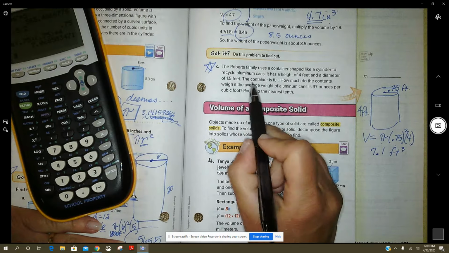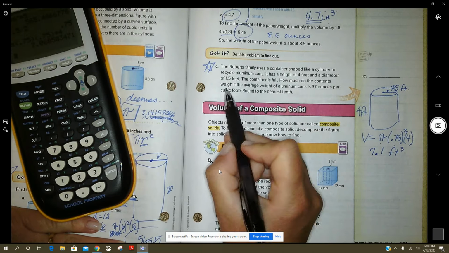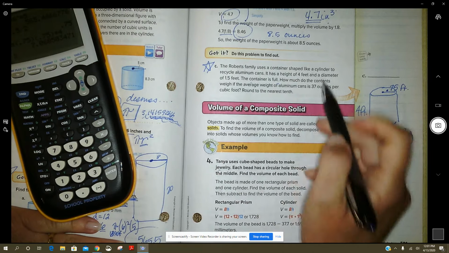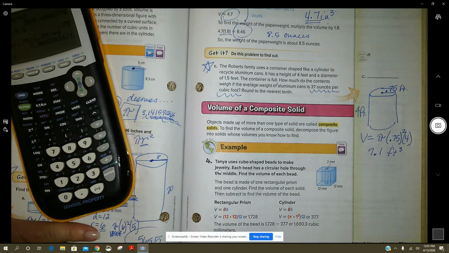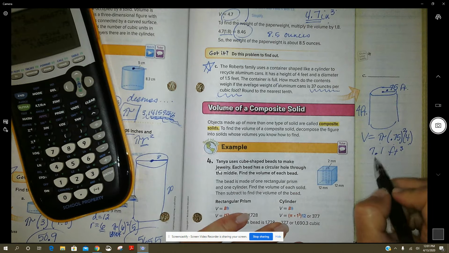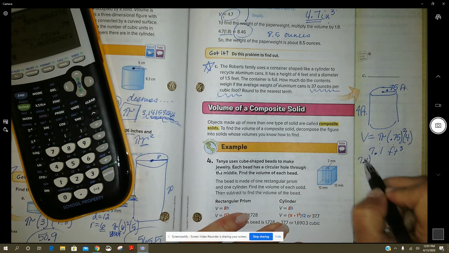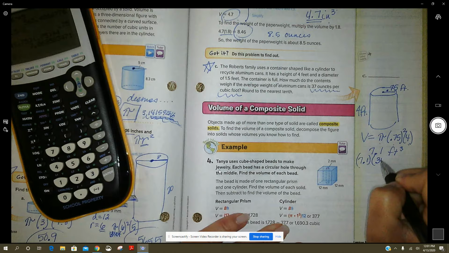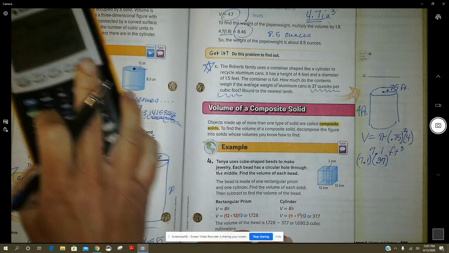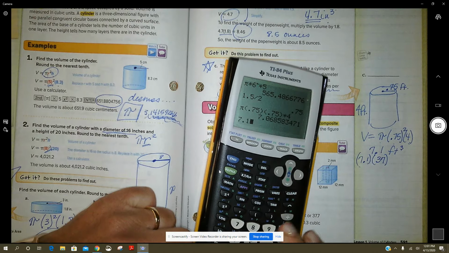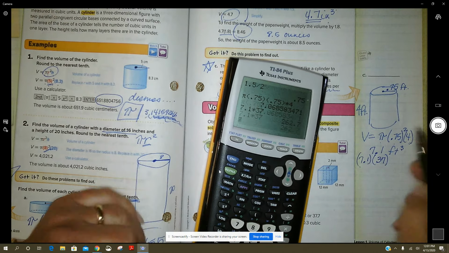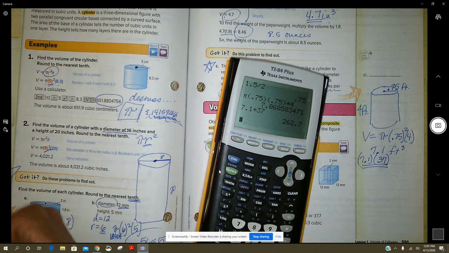And it says the container is full. How much do the contents weigh if the average weight of aluminum cans is 37 ounces per cubic foot? So we're going to take 7.1 and we're going to multiply by 37. Now, it's really important. I know you're doing a lot of things in your calculator right now, but it's really important that you write down what you're typing into the calculator.